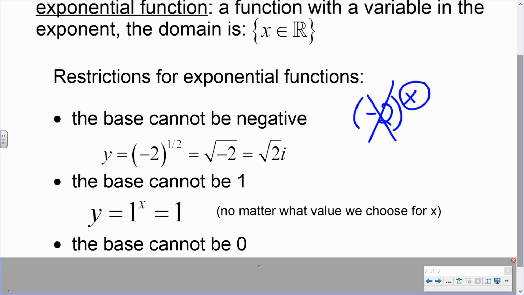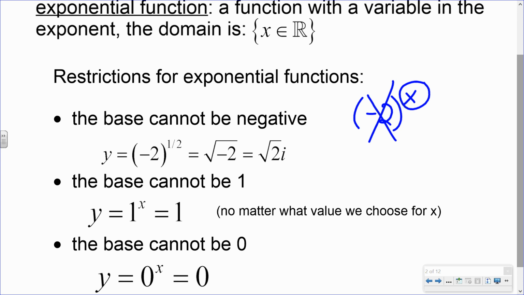It also cannot be 0, in part because 0 is also boring. 0 to something would be 0 as long as x is positive. But if it were negative, it would be undefined. Because then I'd have y equals 0 to the -1, so 1 over 0.